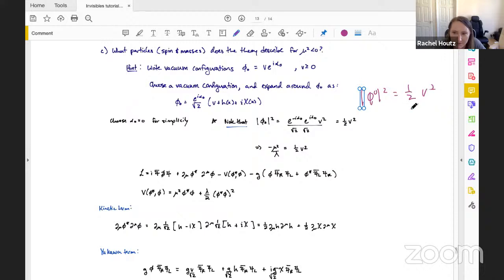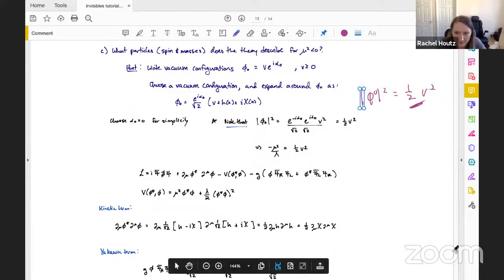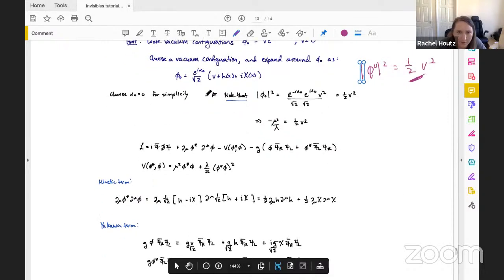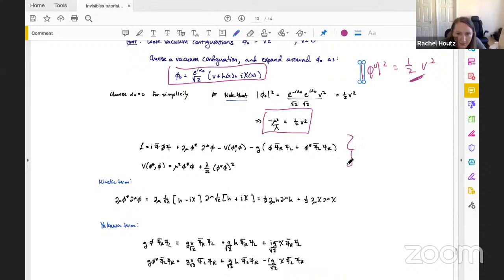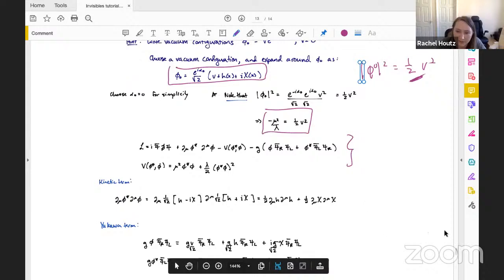So note this factor of 2 in the way things are defined in this part of the problem. Now I've rewritten the Lagrangian here that we need to expand. We know what v is, we know how to expand phi, and we have our Lagrangian. So it should be pretty simple to just plug these things in and see what we get.